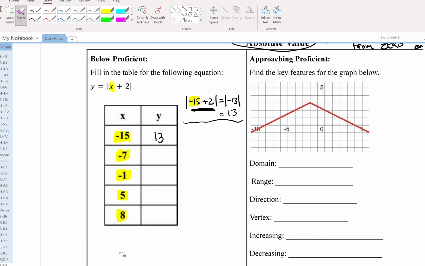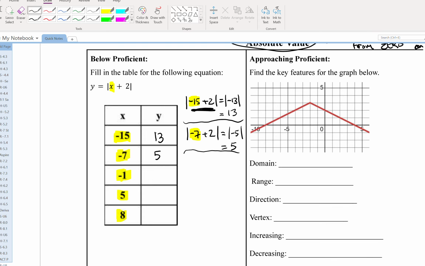And then we'll do negative 7. So we've got absolute value of negative 7 plus 2. It's the same as before, but now I'm using the value negative 7. So negative 7 plus 2 is negative 5, and the absolute value of negative 5 is 5. All right, moving right along.